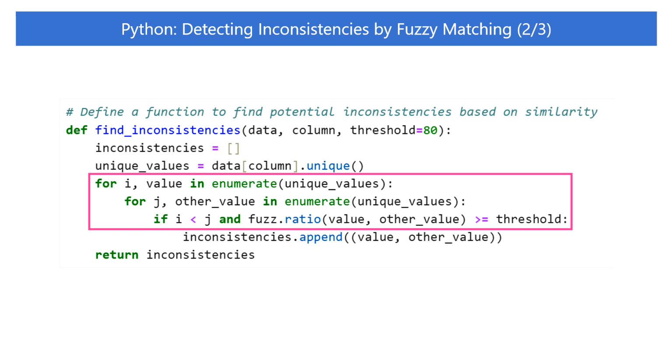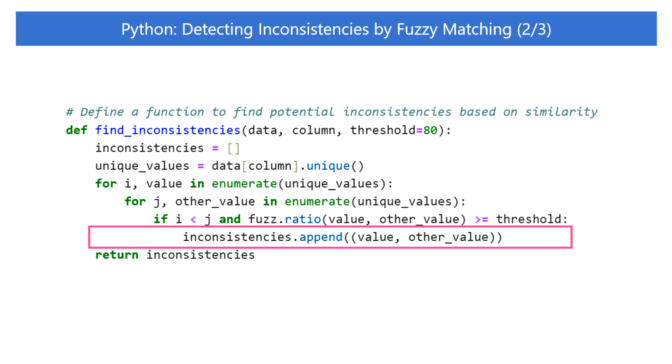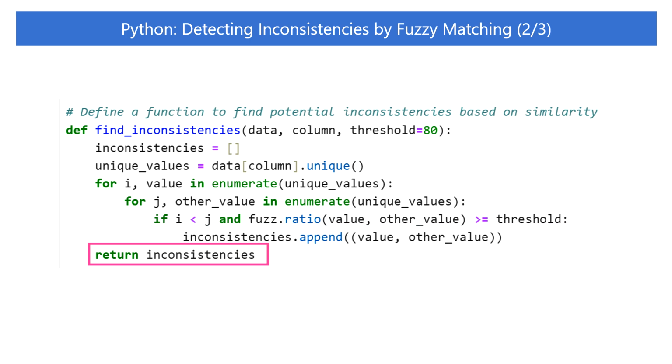If the score is greater than or equal to the threshold, the pair is considered a potential inconsistency. Then, pairs with high similarity scores are appended to the inconsistencies list. Finally, the function returns a list of tuples, where each tuple contains two strings with high similarity.